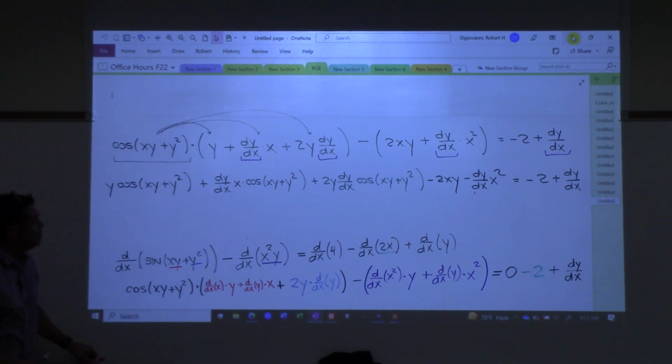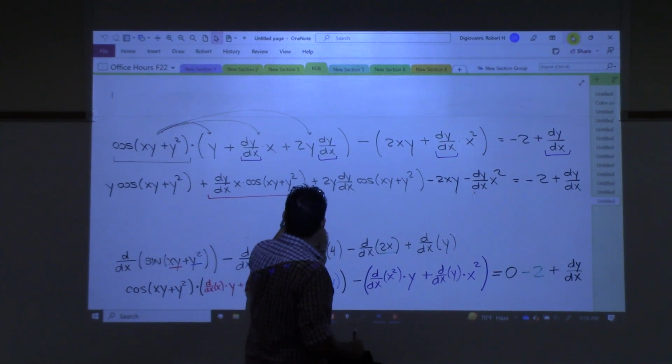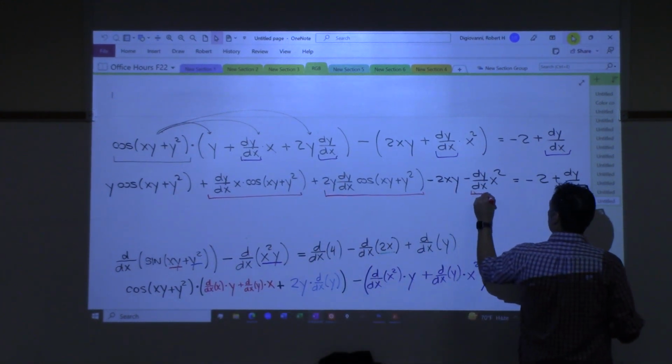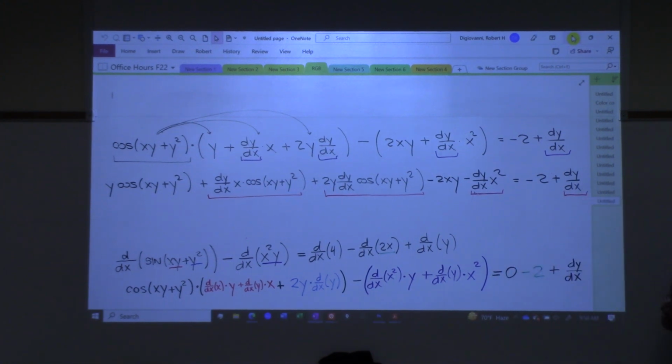Now what I can do is figure out which terms have the dy dx in them. So this has a dy dx. This has a dy dx, right? That has a dy dx, and that has a dy dx. There are 4 terms with dy dx in them. Right? There's 4 of them.